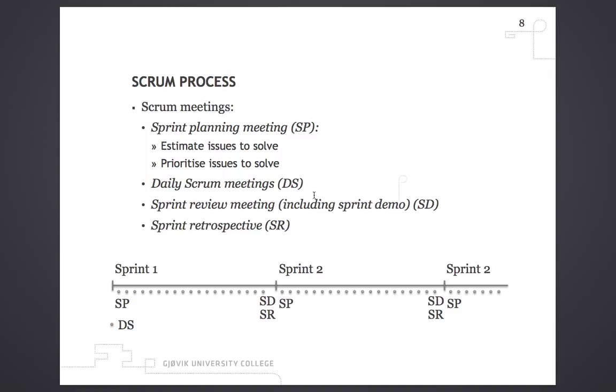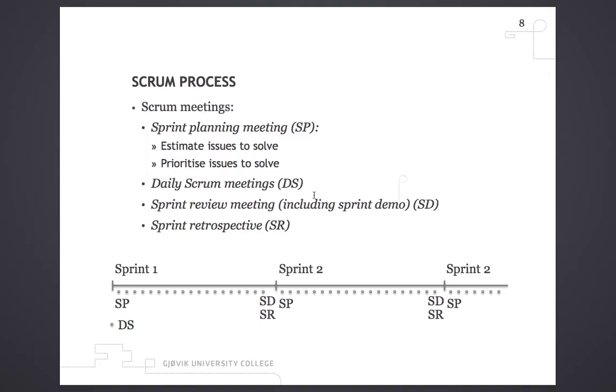And what you do in a sprint planning meeting, you take some of the tasks and issues in that product backlog and you put it into a sprint backlog. You see? And the sprint backlog, of course, can't be larger than what you can solve within your team during 4 weeks or 3 weeks if that's your sprint time.